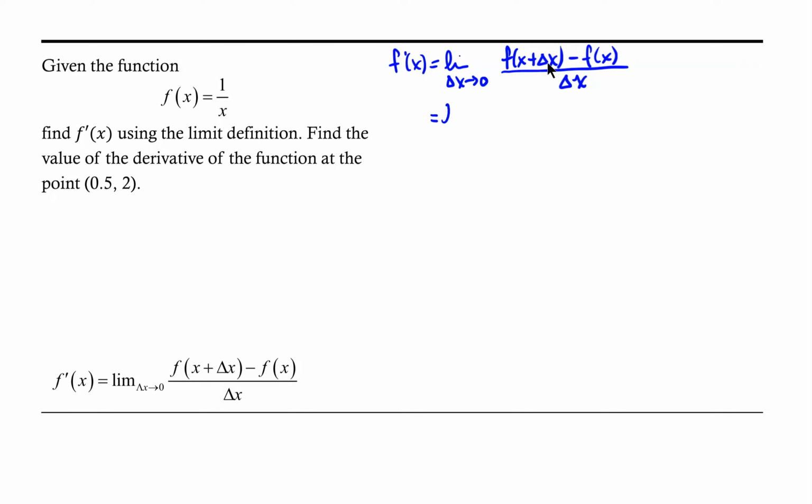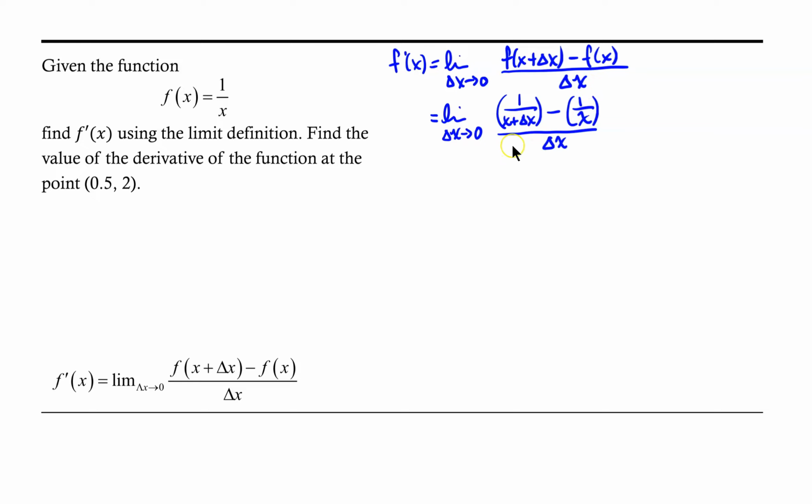So we get the limit as delta x goes to 0 of 1 over x plus delta x minus 1 over x, all over delta x.